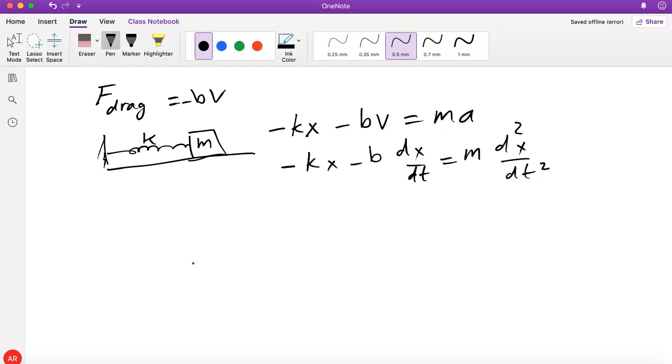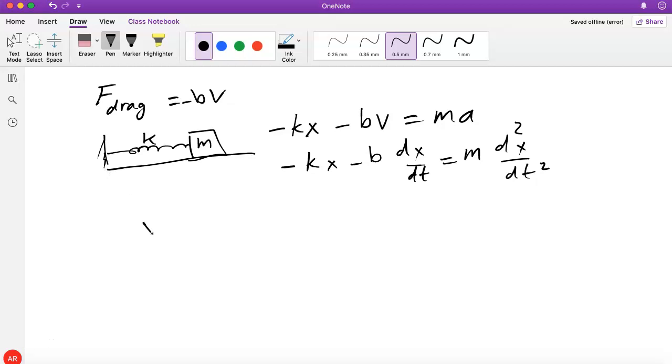So it implies that a system governed by these forces, so spring force, a kind of restoring force proportional to displacement, and a drag force proportional to the velocity, will behave like that.